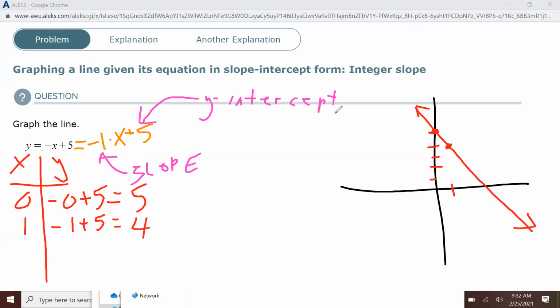That tells you where the line will hit or intercept the y-axis. The y-intercept is 5. Therefore, the line should hit the y-axis at 5, which it does. The slope is negative. Therefore, as we read the graph from left to right, it should be going down, which it does. And that is the basic idea right there.